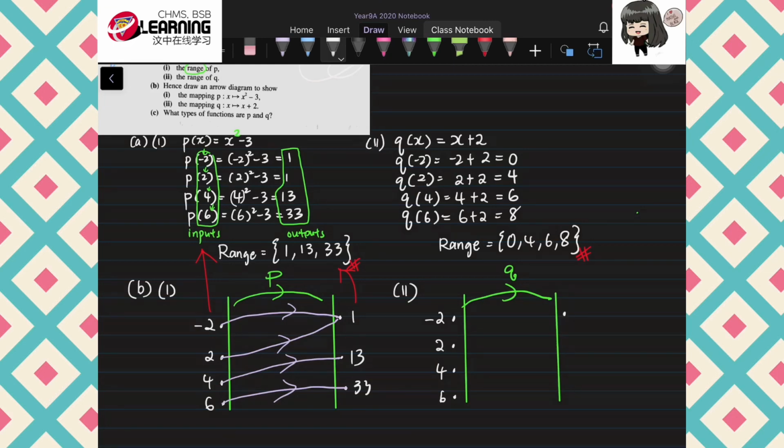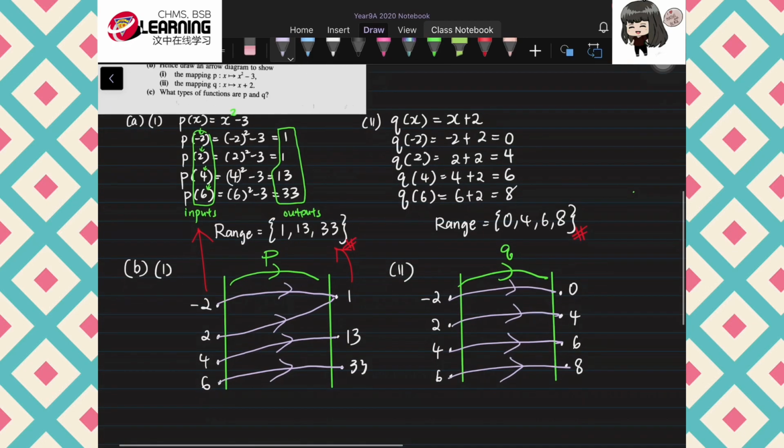And our image now is 0, 4, 6, and 8, which are your range. So this type of relation is -2 to 0, 2 to 4, 4 gives you 6, 6 gives you 8.